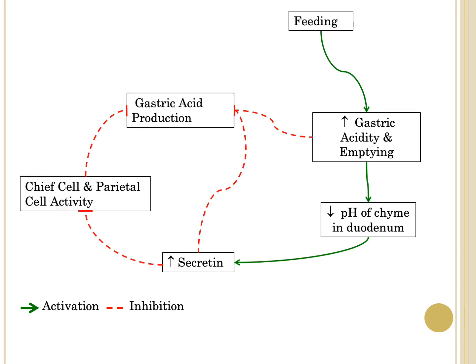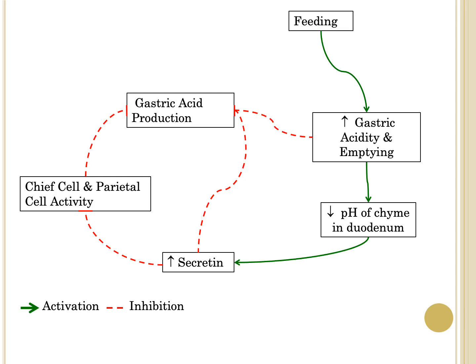Secretin is going to inhibit the chief cell and the parietal cells from producing pepsin as well as producing hydrochloric acid. By reducing the rate at which pepsin and hydrochloric acid are being produced, we're going to reduce the rate of gastric acidity. Hopefully enough reduction of gastric acidity so as to maintain normal gastric acidity when we are not having a distension of the stomach.